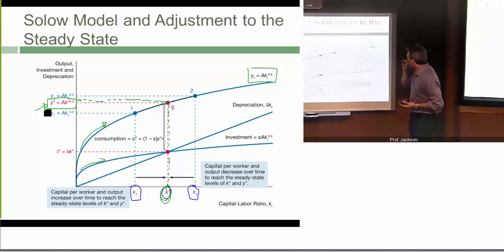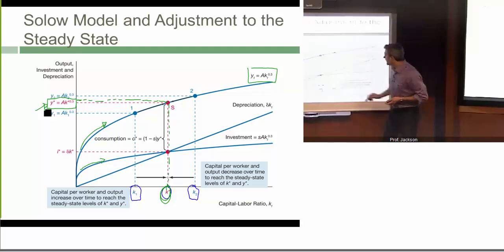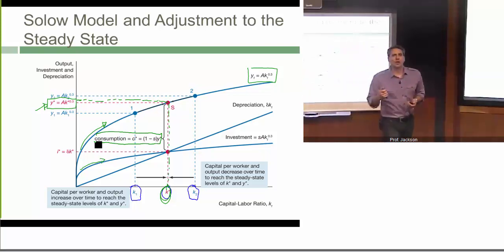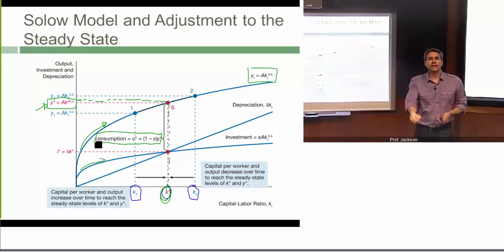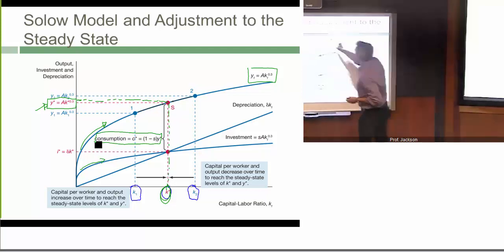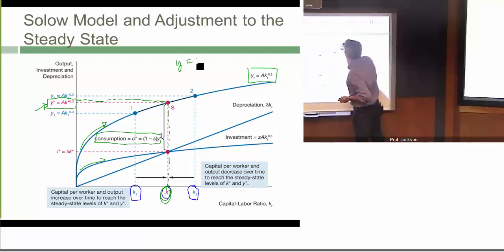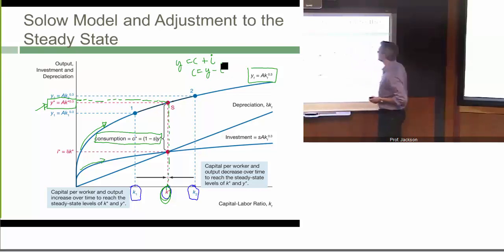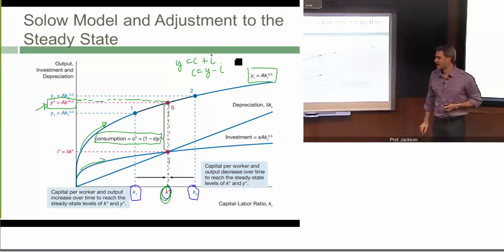And finally, an important thing to note in this diagram is we can measure consumption. If you recall, consumption is just the difference between total income per person and investment, right? So we have Y is equal to C plus I. So if that's true, it's got to be the case that total consumption per worker is just equal to income minus investment.